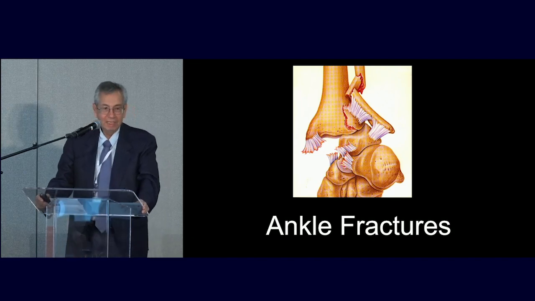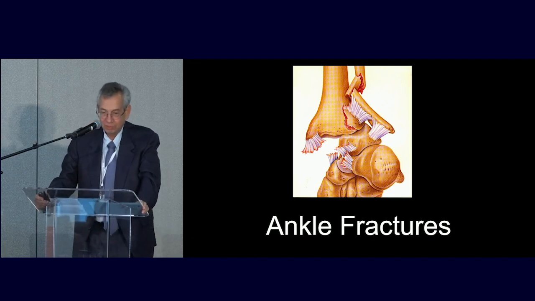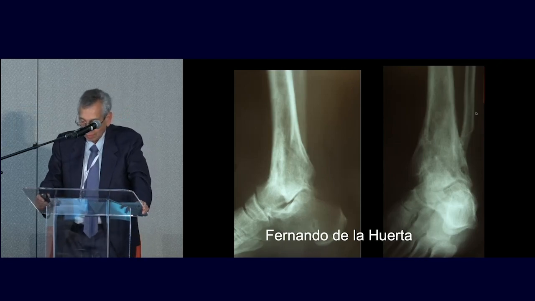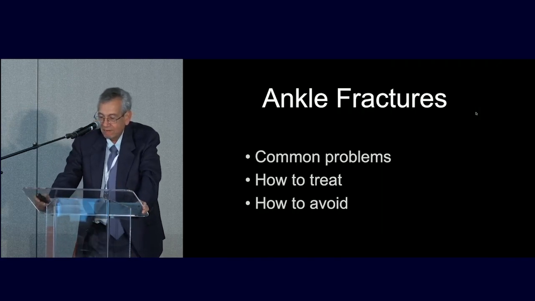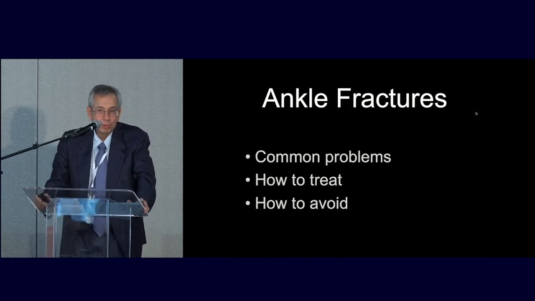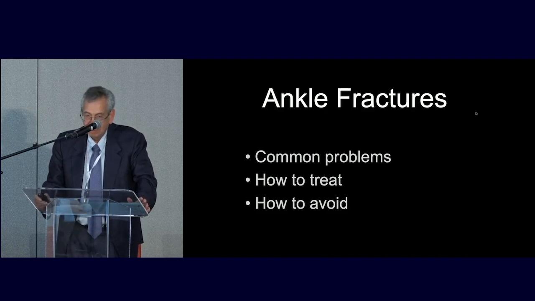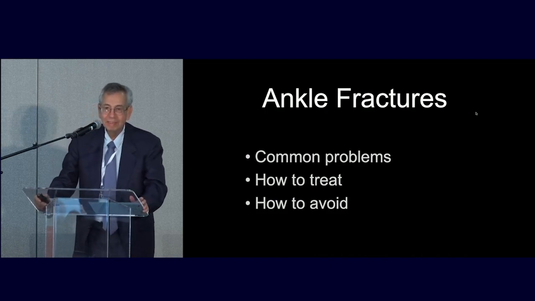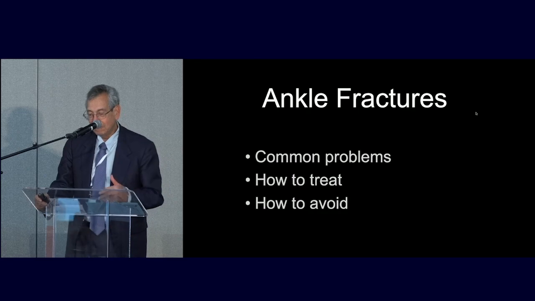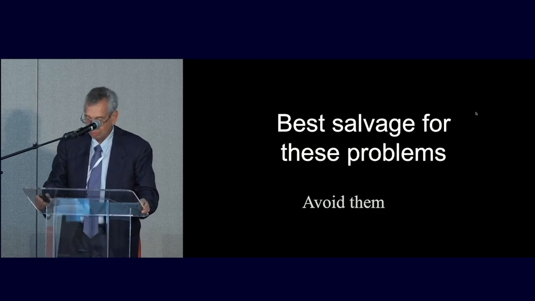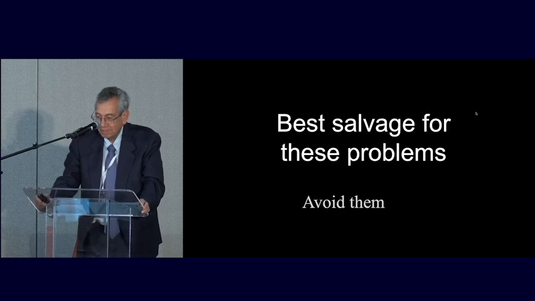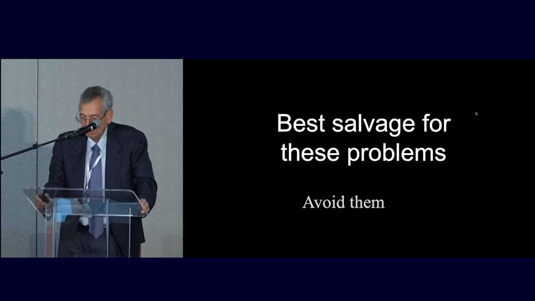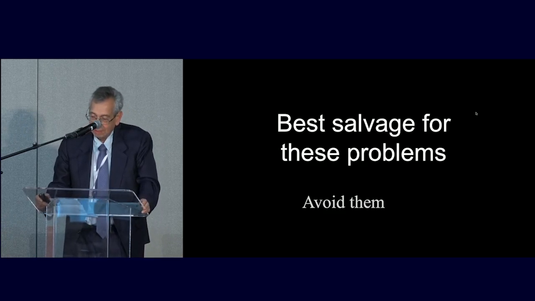My topic is about ankle fractures. With ankle fractures, we want to know the common problems, and then how to treat them and how to avoid complications. Remember, the best advice for these problems is to avoid them.